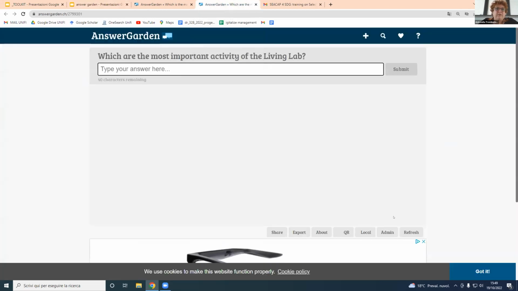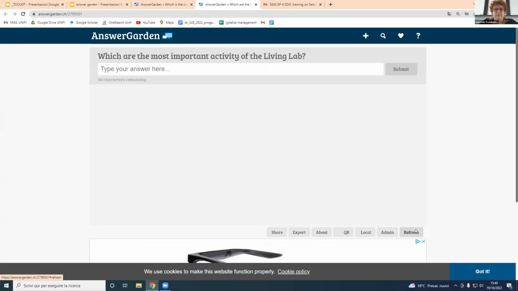So this kind of activity we need to explore and to underline. So it's not only a design experience that the Living Lab has to do, but also many activities to support the public administration and to stimulate and to stress all the stakeholders to have an active role.